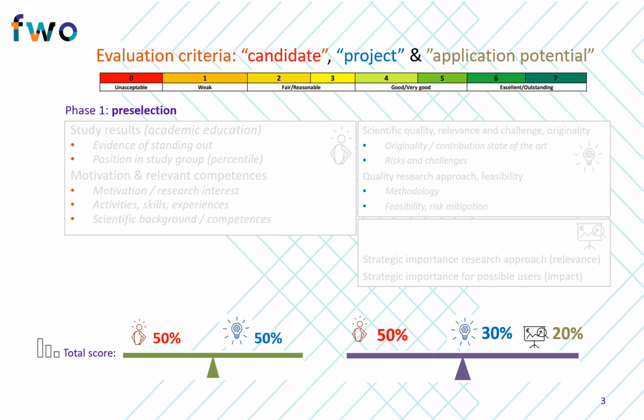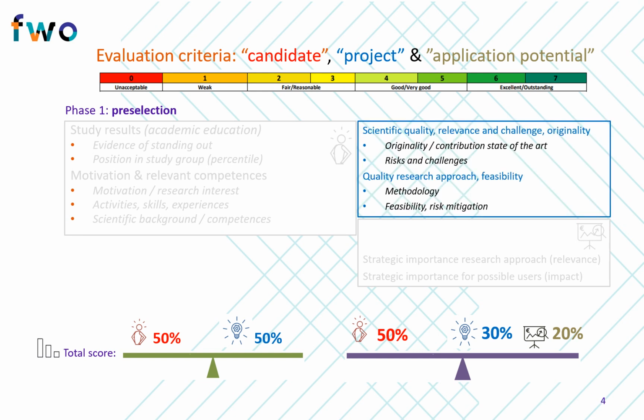For the PhD Fellowship Fundamental Research, the two main criteria have equal weight in the final evaluation of the application. For strategic basic research, the distribution of the weights amongst the candidate, project and application potential is 50%, 30% and 20% respectively.